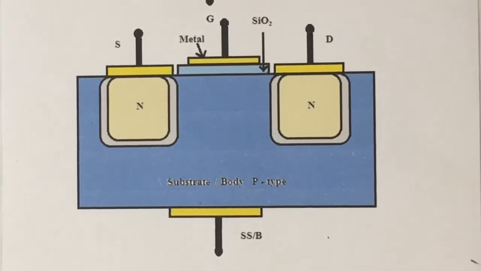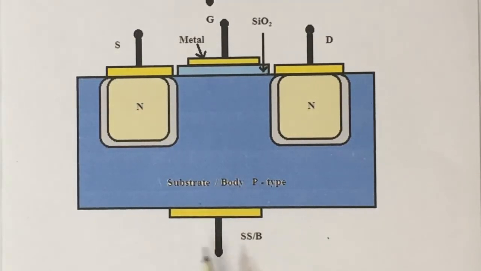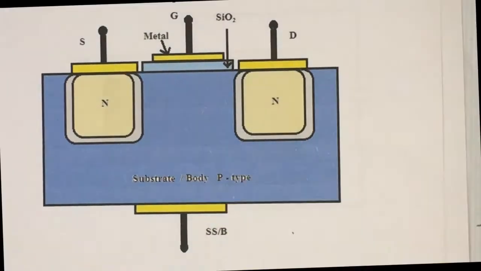The width of the silicon dioxide is kept very thin because we want control over the surface by the gate electrode. There are four terminals: source, gate, drain and substrate or body. But in most circuits, the source and the substrate or body are connected internally. So we can say that there are only three terminals, that is source, gate and drain.